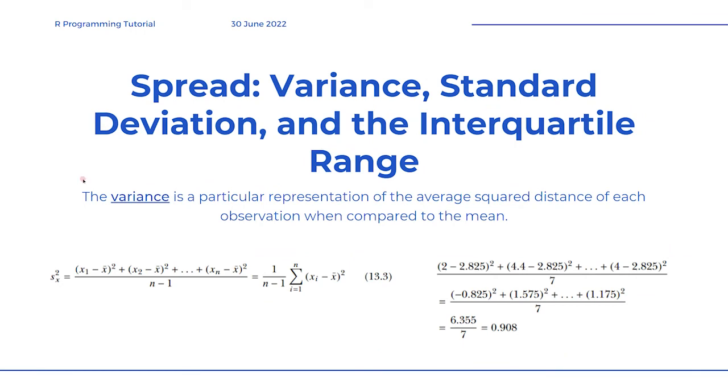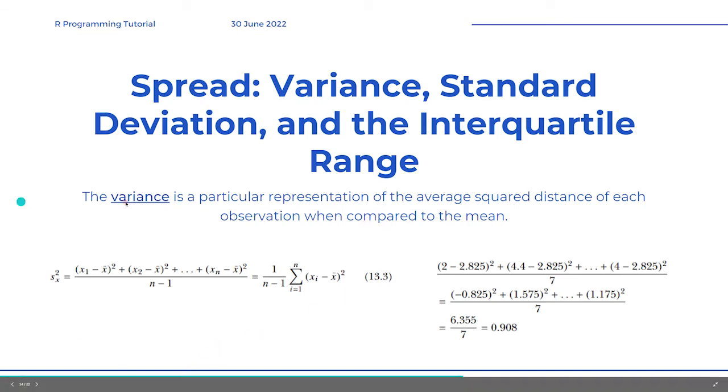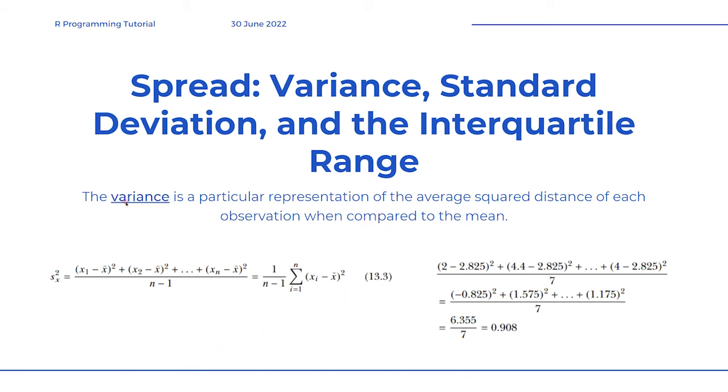So now we go to the next concept, which is spread, which consists of variance, standard deviation, and the interquartile range. I think it's getting harder and harder as we go along, but I'll try to explain it.